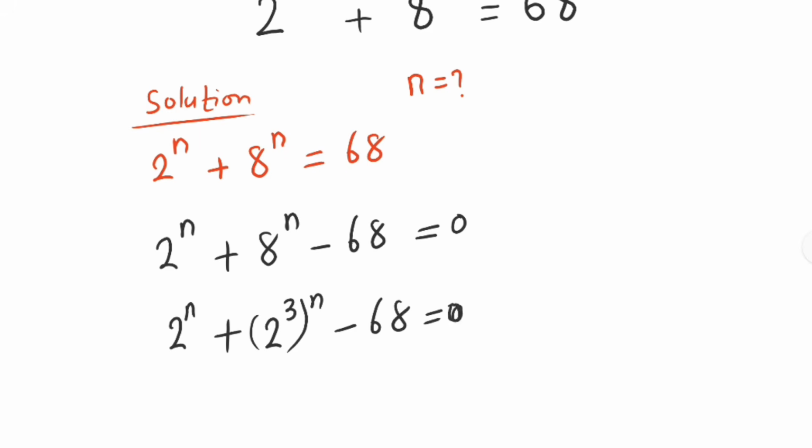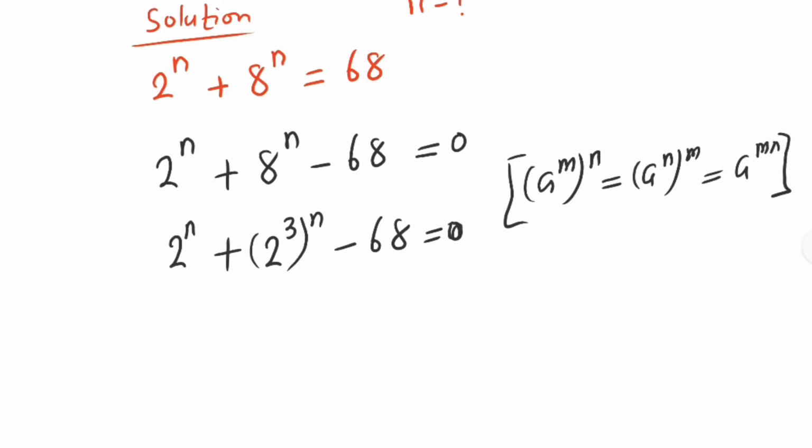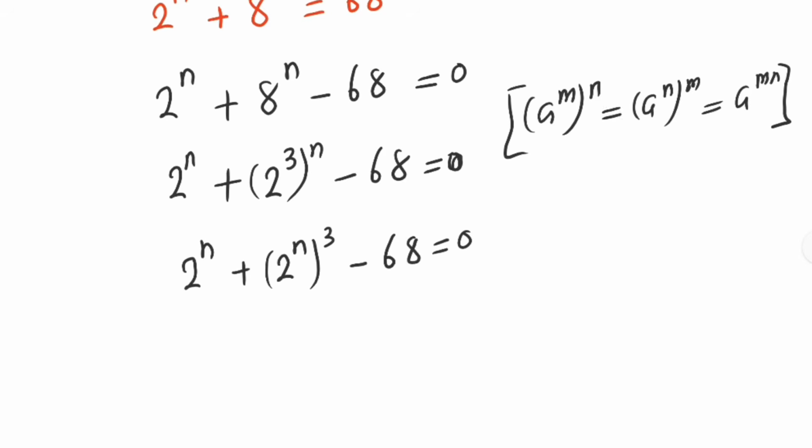Take note of this, that if you have a raised to power m to the power of n is equal to a raised to power n to the power of m, this is equal to a raised to power mn. This is 2 raised to power n plus 2 raised to power n to the power of 3 minus 68 is equal to 0.